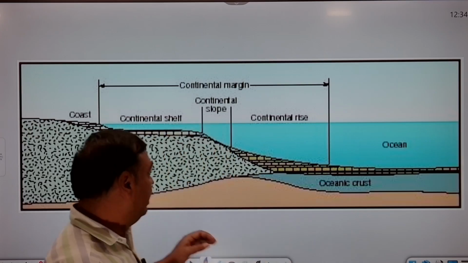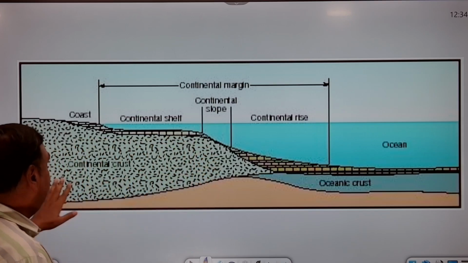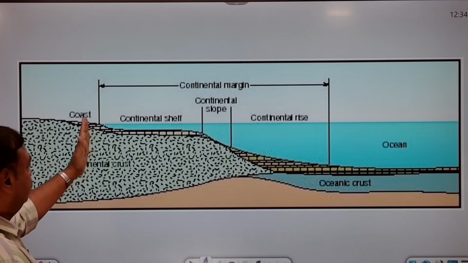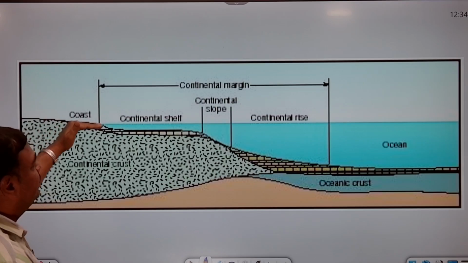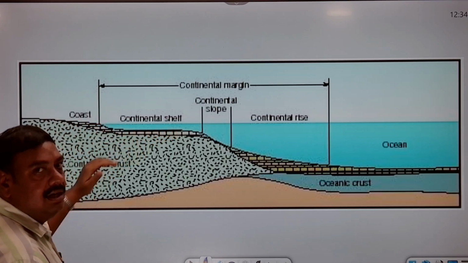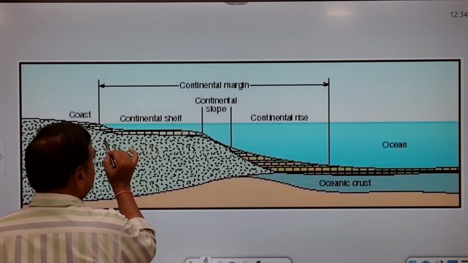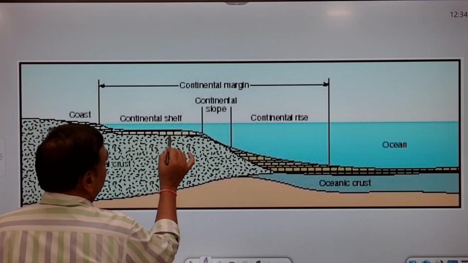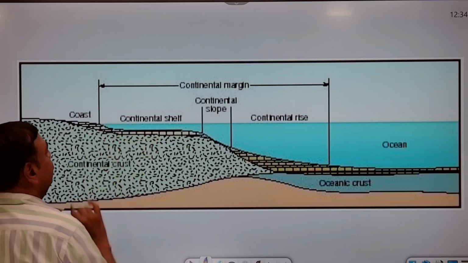So, in this way you can say that if this is the continental crust, this continental crust has a gentle sloping region, and this gently sloping region extends towards the seawater. Now, this line is showing the sea level.